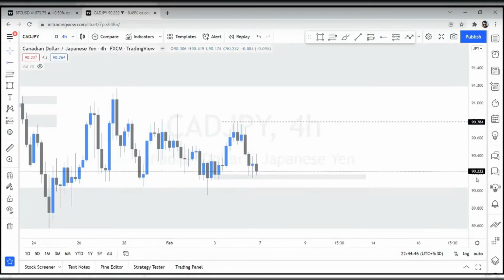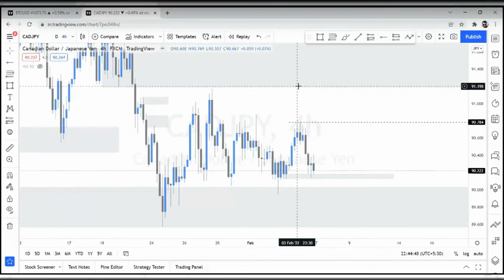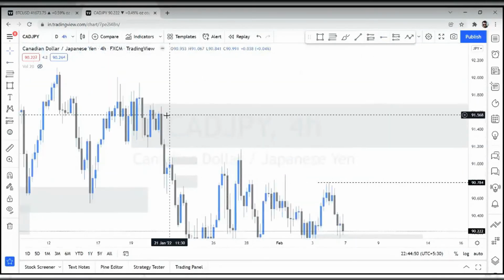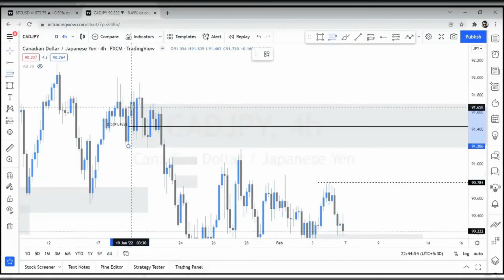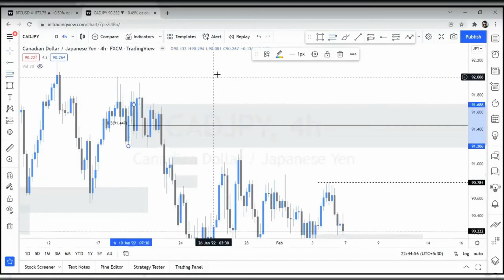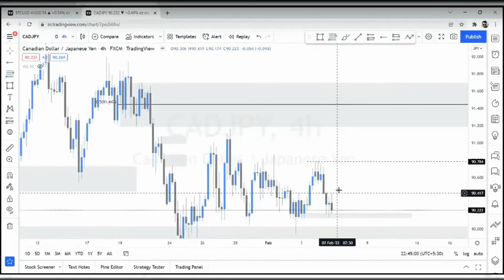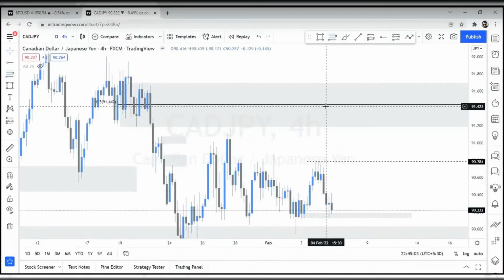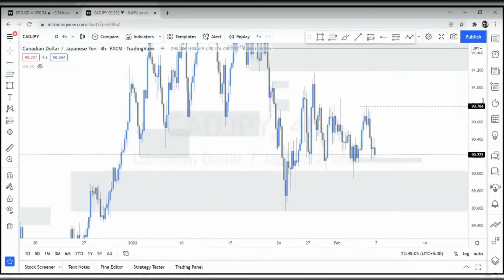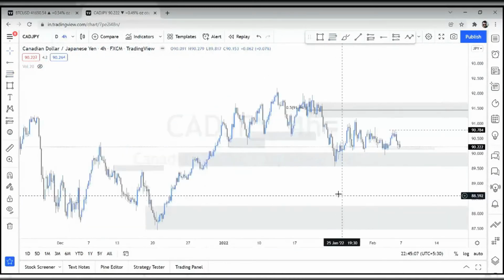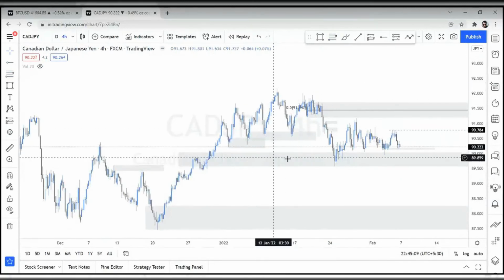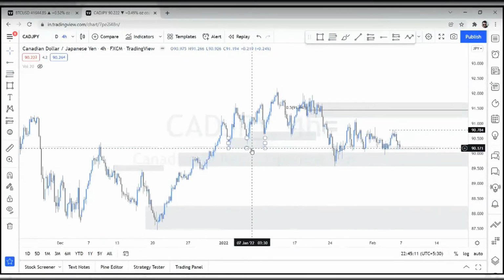And where can your ultimate target be? Here and above here, because we can expect at least 50% of this zone, knowing that this high could be liquidity. So it can come up all the way to here and then move down, because institutionally this has already turned bearish, breaking all these lows with this move.